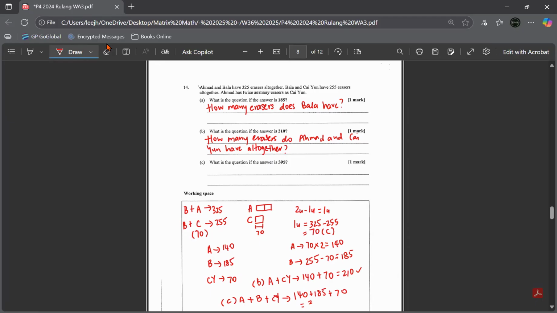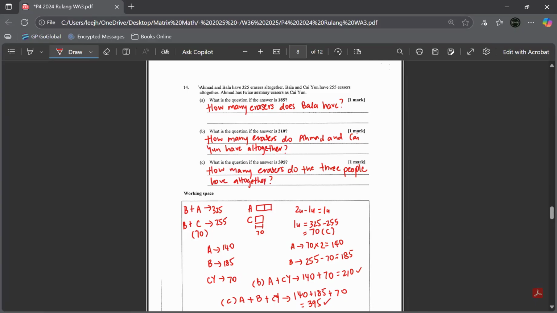If you work it out, you get 395. So what kind of sentence will be the last sentence? They're asking for three people, so the question will be phrased like this: How many erasers do the three people have altogether?